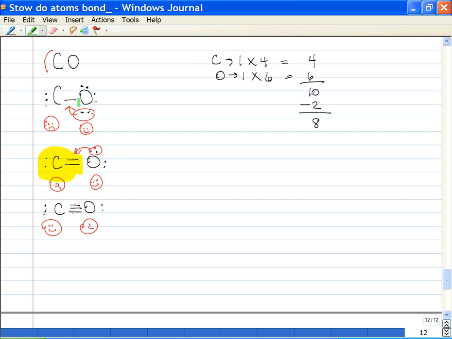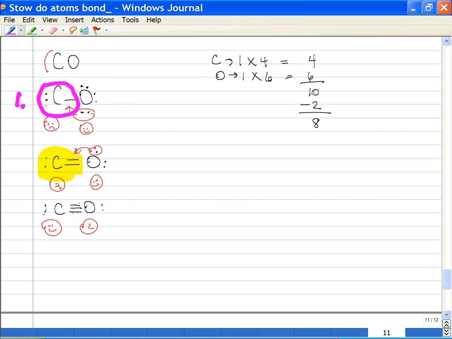But every time you start with the potential structure, for instance, this is our first potential structure here. We have all of the electrons that we have between both atoms. We have all the electrons distributed.